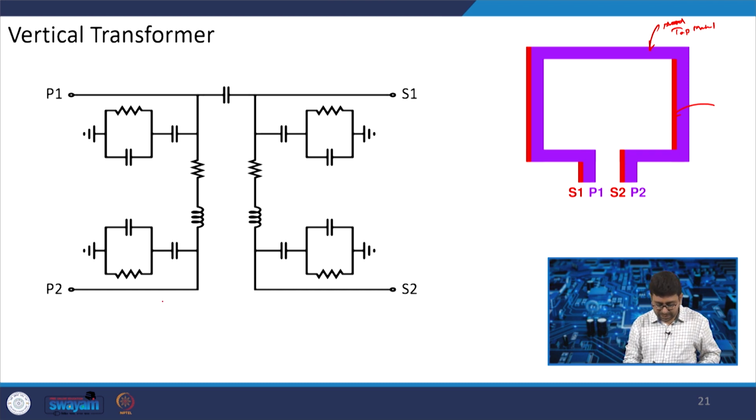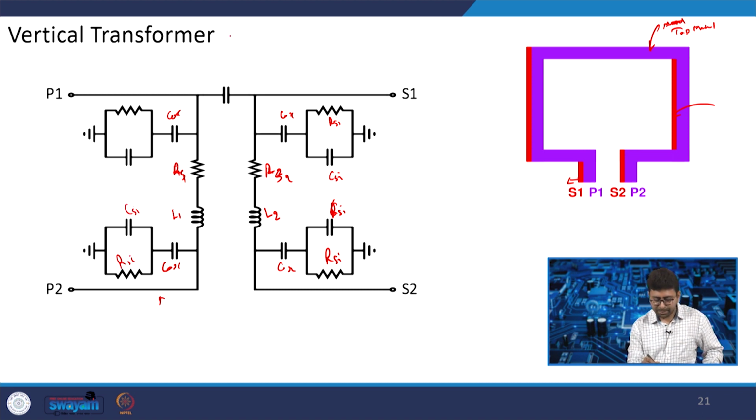When you want to consider the model of the transformer, it looks the same. The only difference is L1 and L2, and because P1 and S1 are connected, there is a capacitor between primary and secondary. So L1 with RS1, RS2, L1, L2, then the oxide capacitor, and all the capacitance and resistance of the silicon, CSI, RSI.